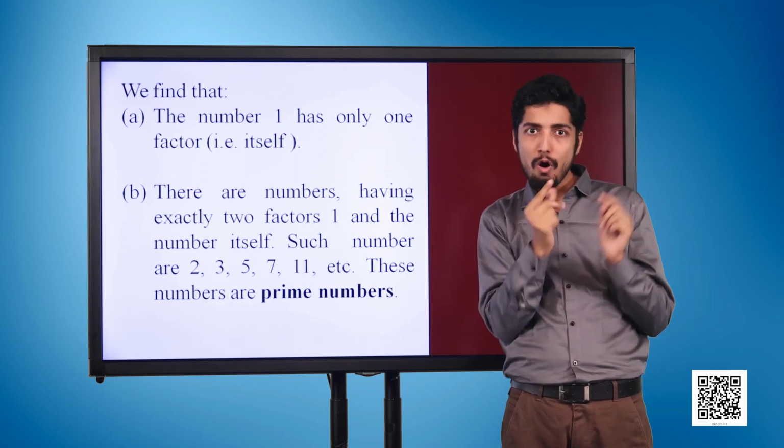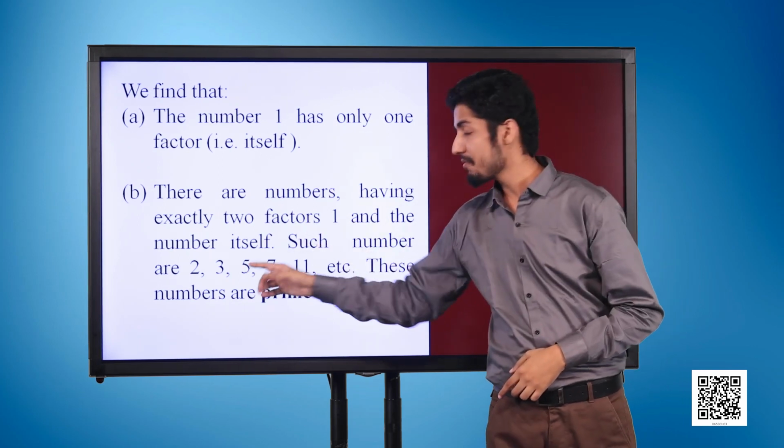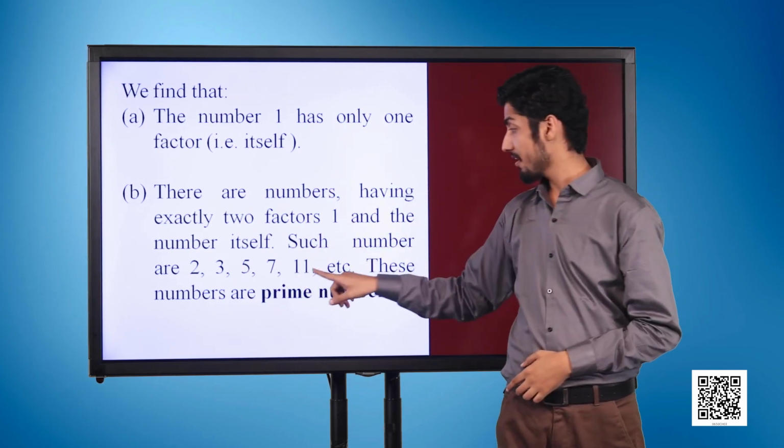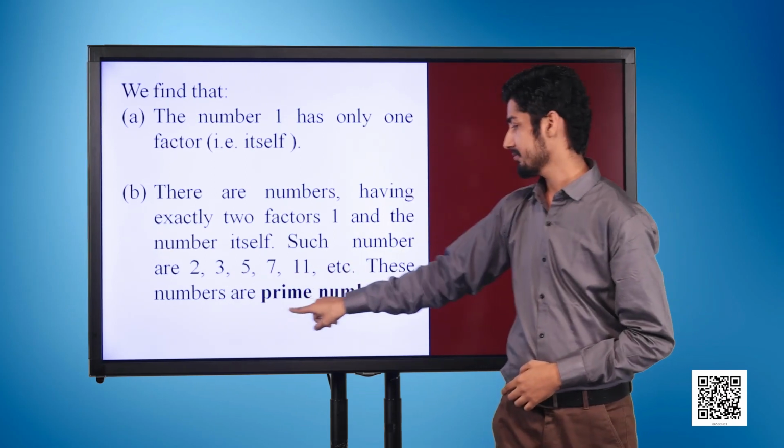Such numbers are 2, 3, 5, 7, 11, etc. These numbers are prime numbers.